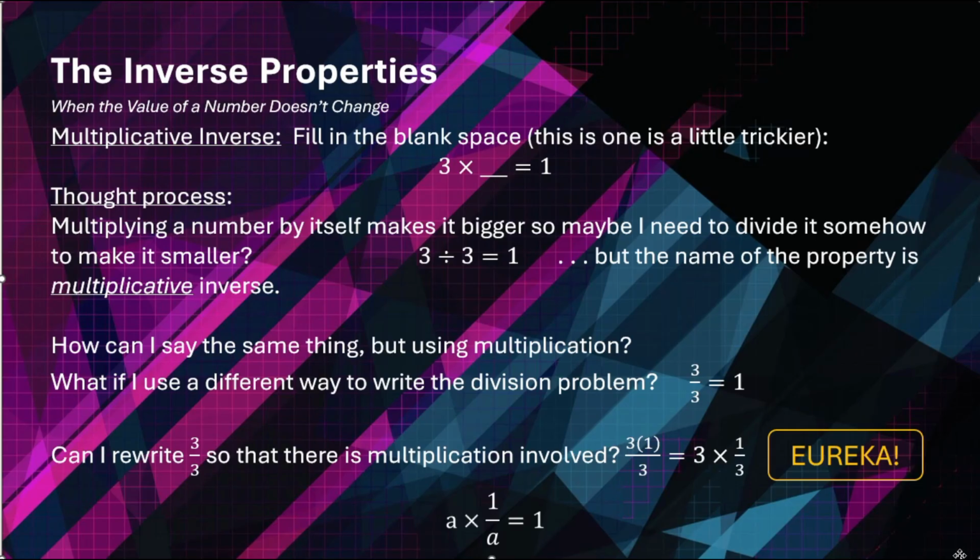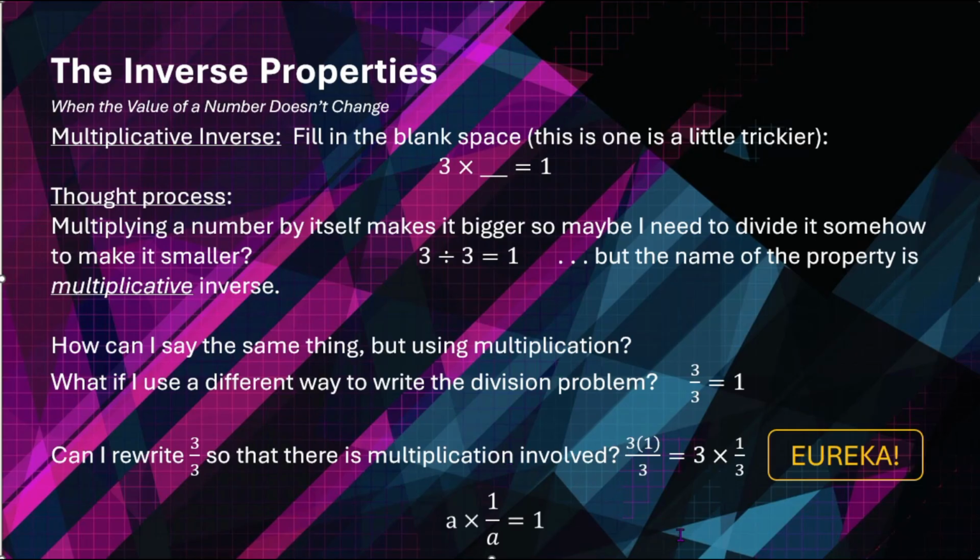There's nothing about mathematics that says you have to be 100% correct 100% of the time. It's that you learn from your mistakes or your misunderstandings. And so for me, I'll be like, okay, I need to reread these one more time before I get ready to record. But that is the multiplicative inverse property, that a times 1 over a, or 1 divided by a, is equal to 1.